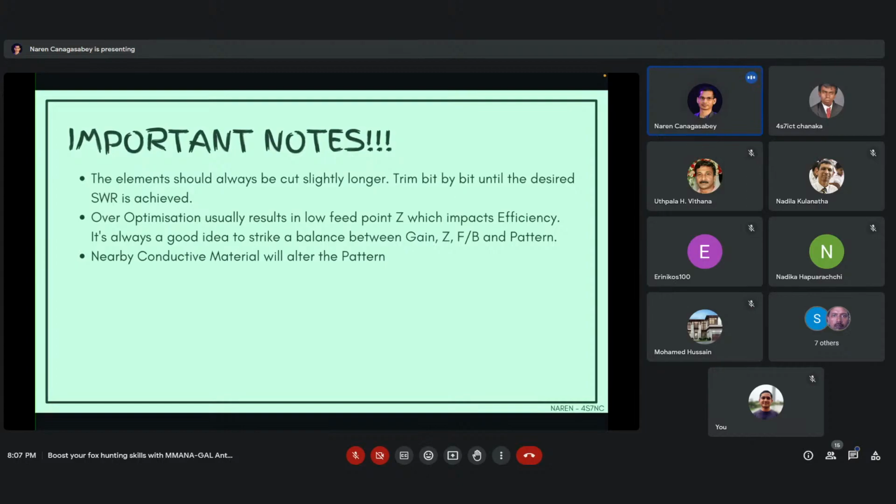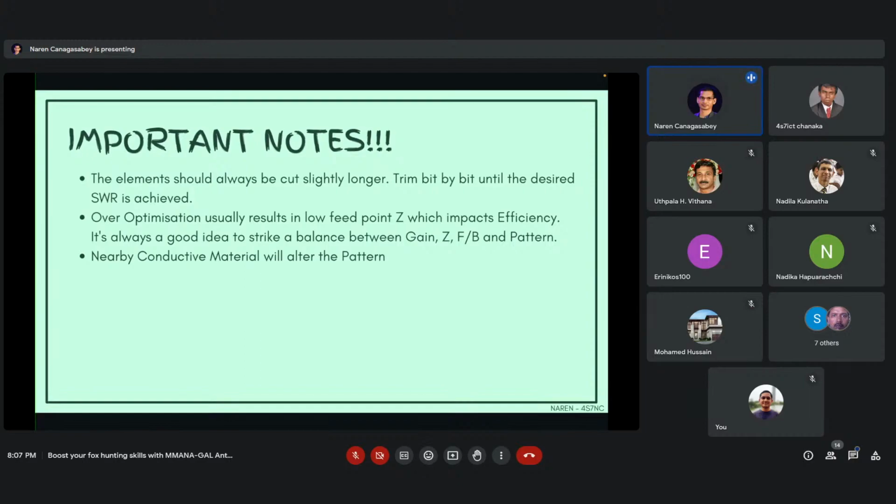In the past, I was a bit rash and made large cuts. Unfortunately, you ruin the antenna that way. So it's always better to trim bit by bit until you get the desired SWR.